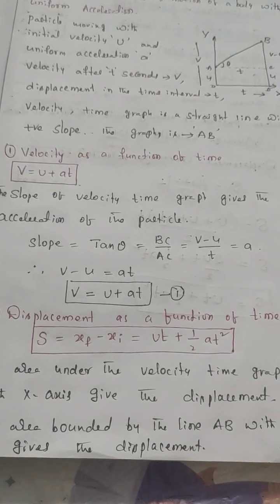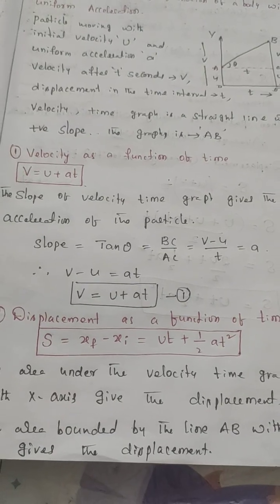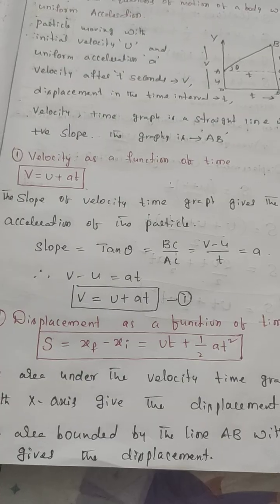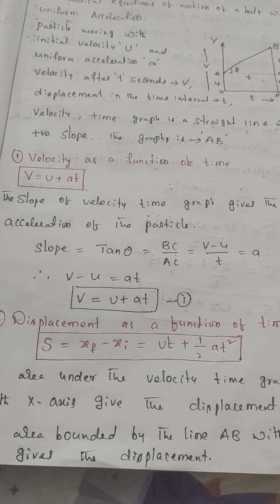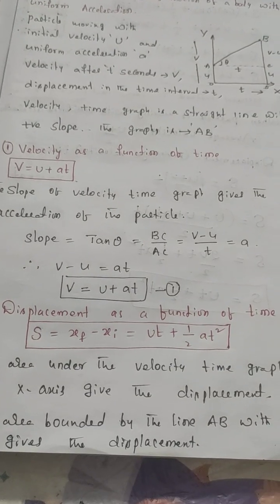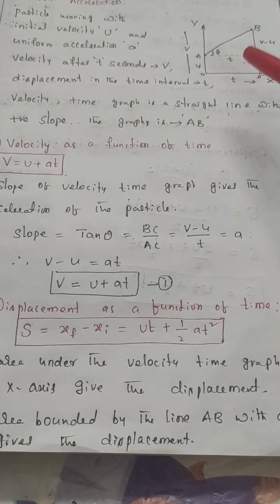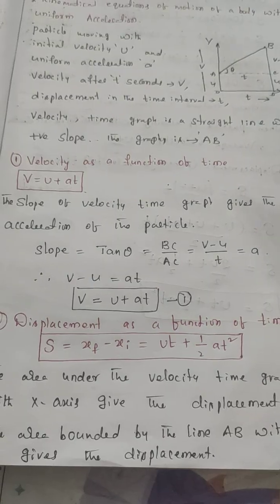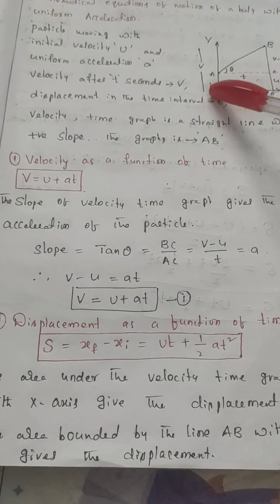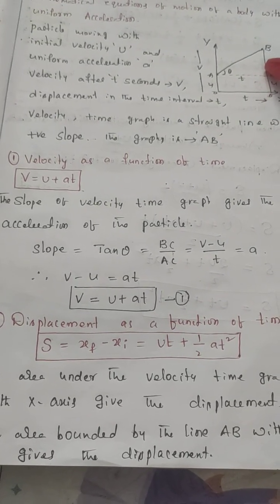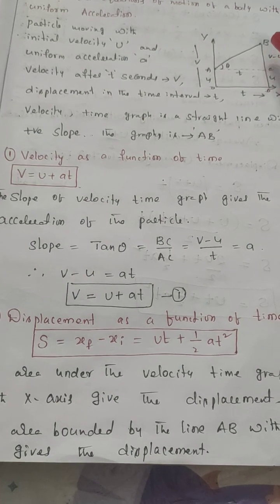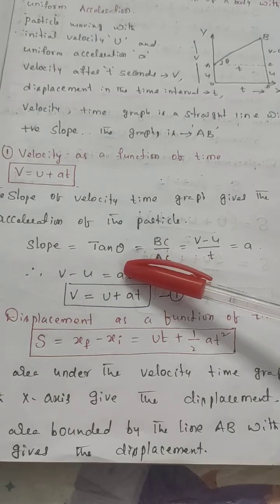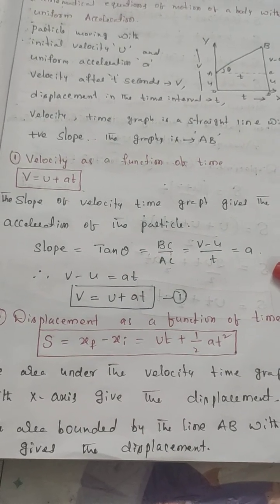Here, the first equation: velocity as a function of time. That means we have to prove v equals u plus at. For that purpose I am taking the slope of the graph. The slope of the straight line AB is tan theta, and it gives the acceleration of the particle.